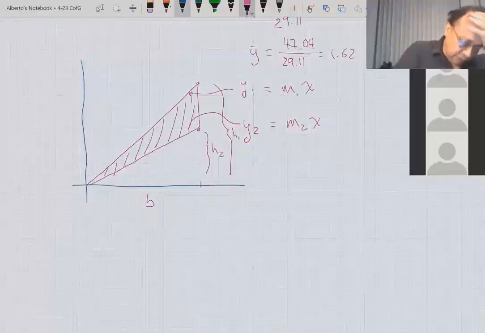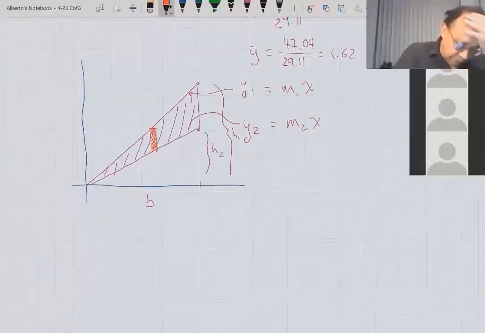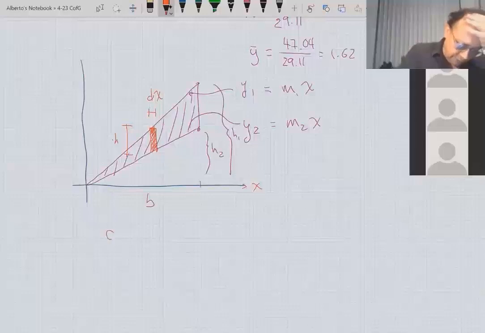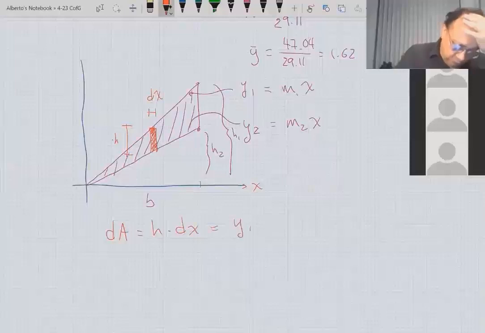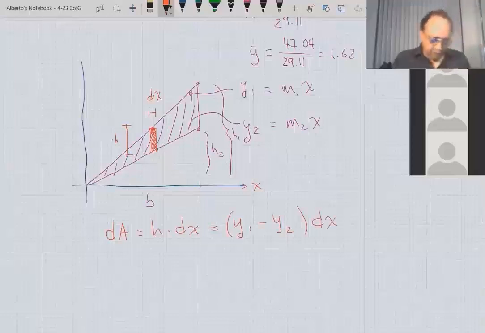Then you will have to set up an element of differential area, where this is dx, this is x, and this is h. So dA will be h times dx, which will be y1 minus y2 times dx. That will be the only change. The rest will be the same.